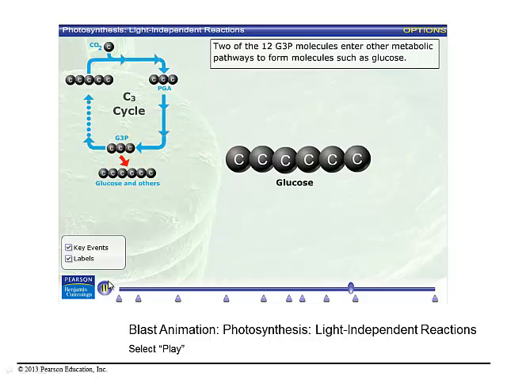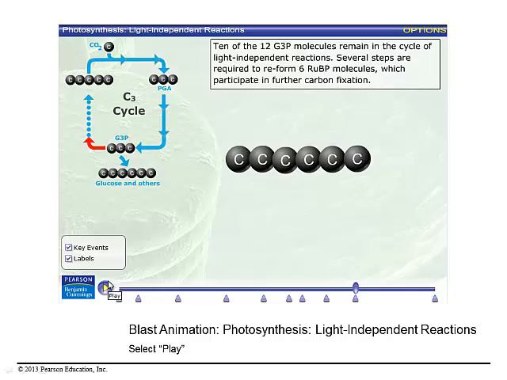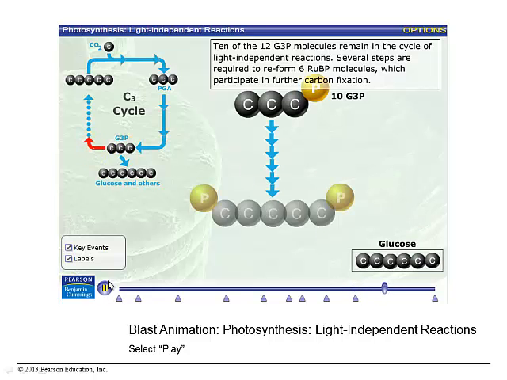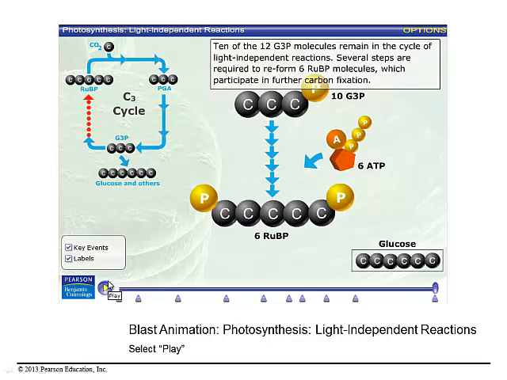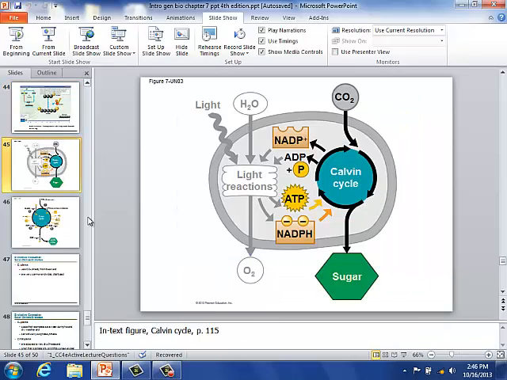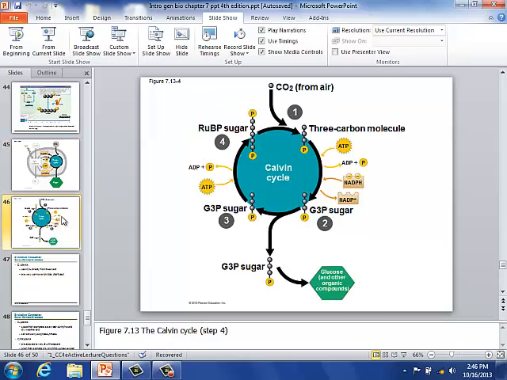So here's my C6, my base of my glucose molecule. And then who's going to help me get the rest of it? This little enzyme called Rubisco. And that's RuBP. So now we're going into the Calvin cycle.